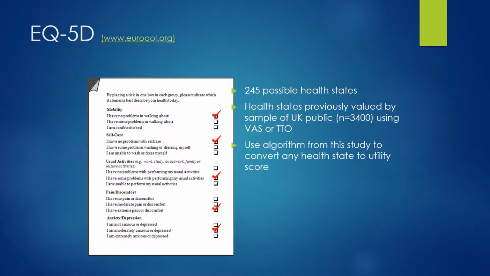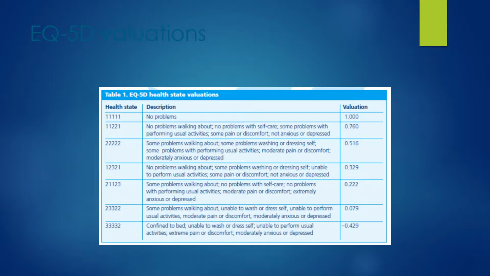So for example, 1 1 2 3 2, and then somebody else will use other choices and have a different code, but at the end you will have these states. As you can see, the health state where you have no problem at all, 1 1 1 1 1, we believe the quality of life of this is 1.